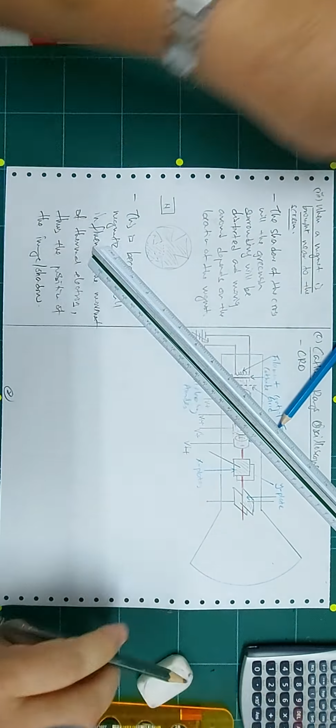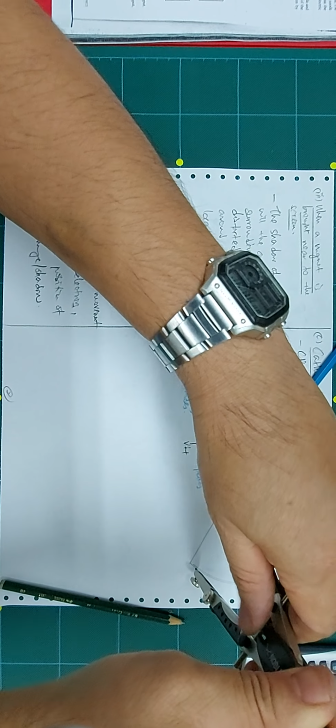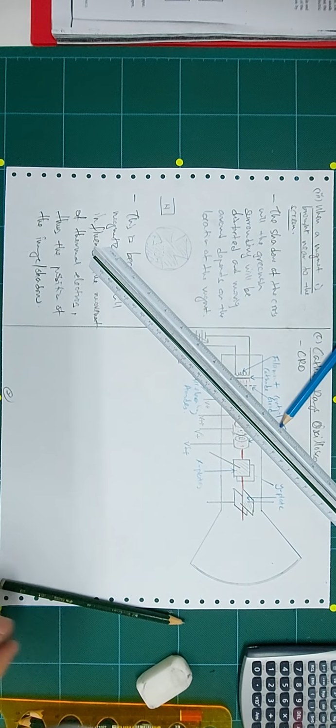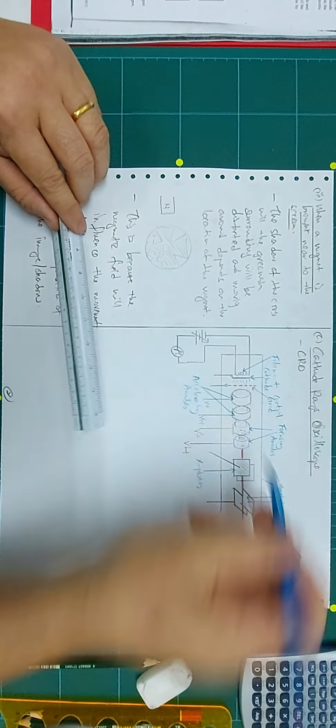I'm just using some dotted line. So we have this darker area representing the fluorescent screen. Okay, so that is our fluorescent screen.